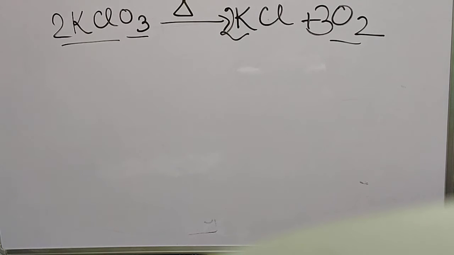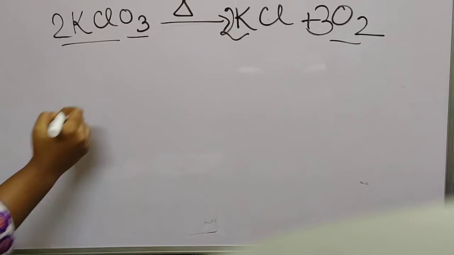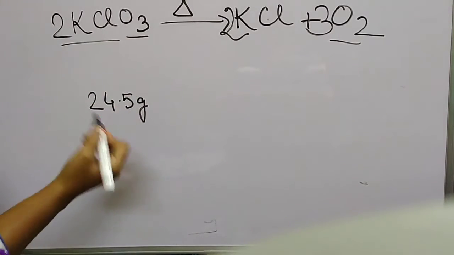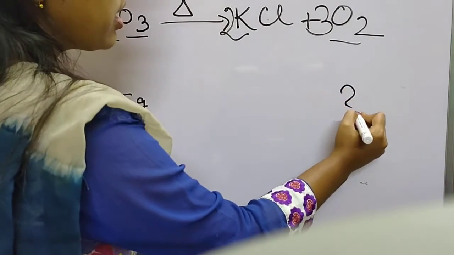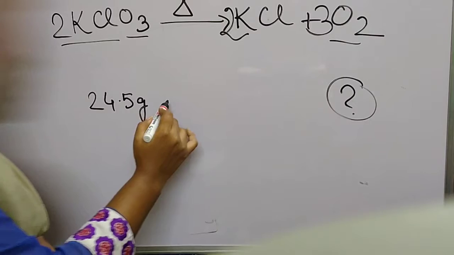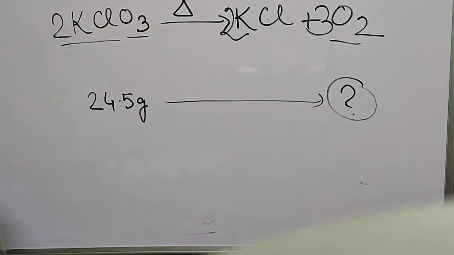Okay. Next, in the question it has been asked that when 24.5 gram of KClO3 is heated, what is the mass of oxygen that will be produced from here?